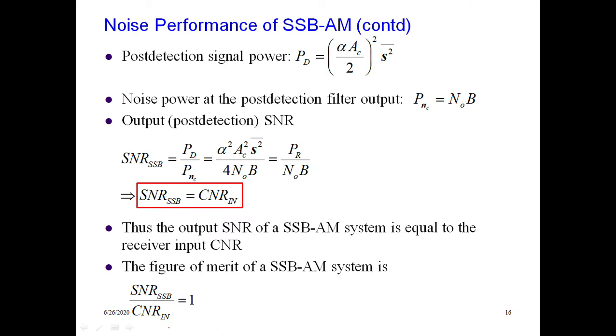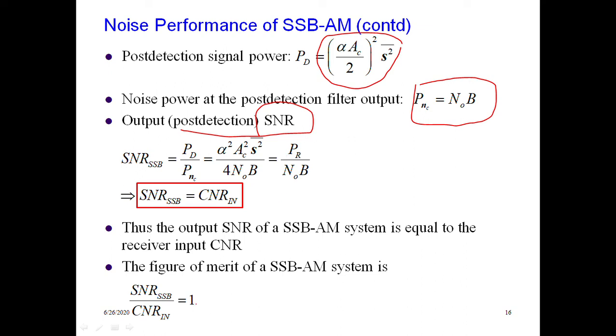At the post-detection, we substitute the amplitude of the signal squared divided by 2 and identify also the power of the noise. So we substitute the SNR. Again, SNR will be the power at the post-detection divided by the noise power. Post-detection will be the signal and noise because we have demodulated it with 2 cos 2 pi fc t.